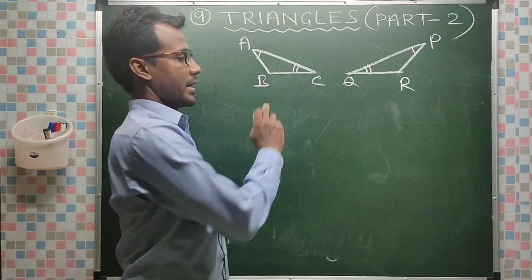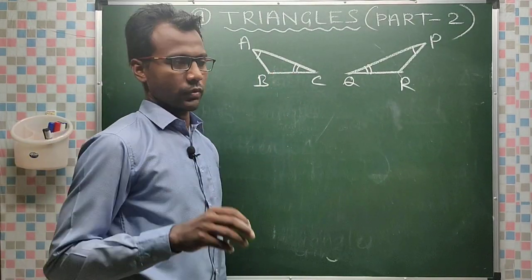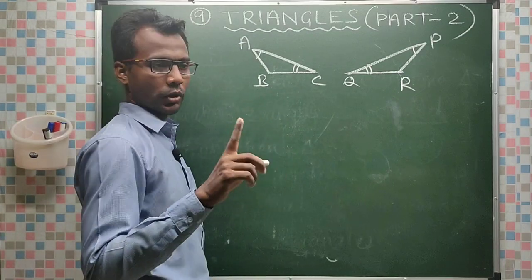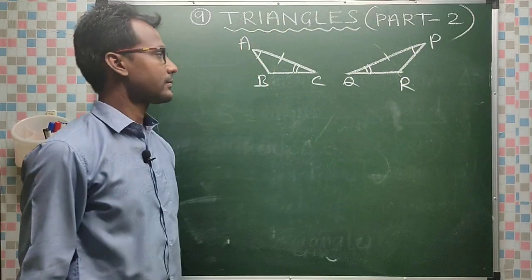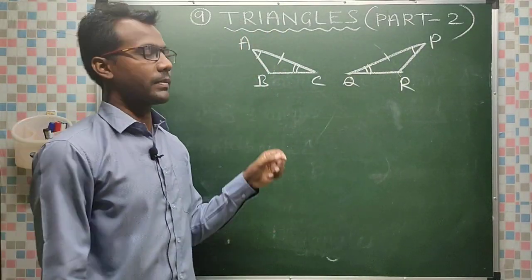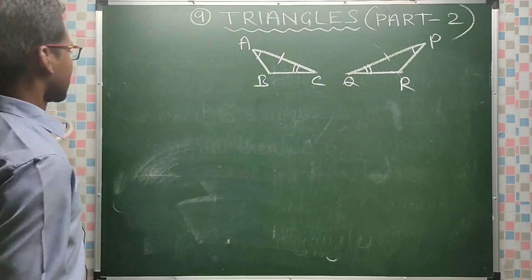Only the included side, the middle one. You cannot take these two sides because it is the ASA postulate. The side should be in between two angles. This side is equal to this side. If this is given, then we can say that these two triangles are congruent. So let us write this.